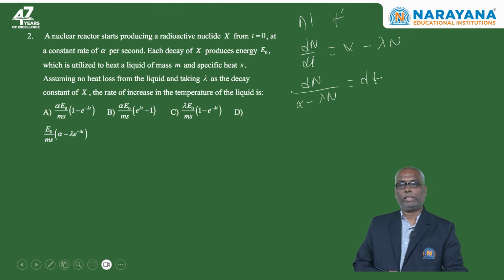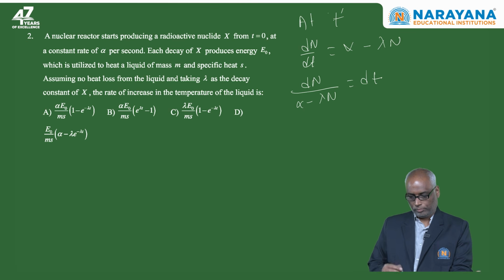Now we integrate this equation on both sides. Integral dN divided by alpha minus lambda N is equal to integral dt. At t equals 0, there were no nuclei.